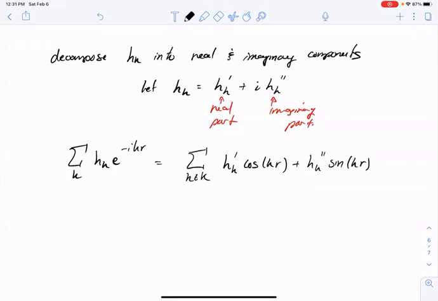So while the first sum is over all wave vectors, k and minus k included, the second sum is over just all positive k. Again, this is because the height field itself is isotropic and purely real.